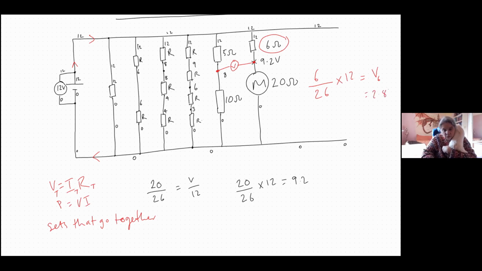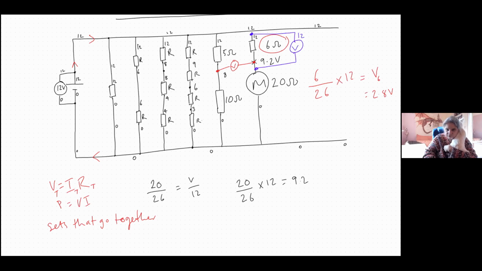Right, now what that says is, let me change, let's go purple. That means that there's 2.8 volts across there. Now that top one is at 12. So you do 12, take away 2.8. Can you see?